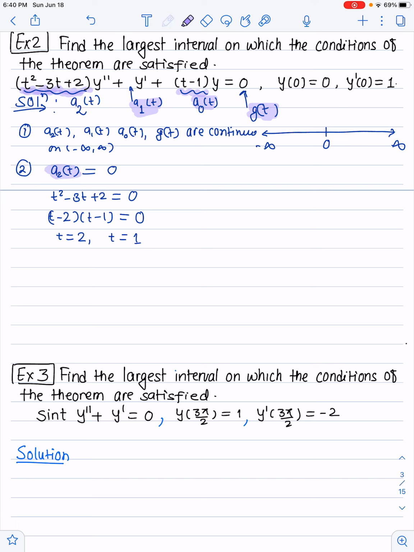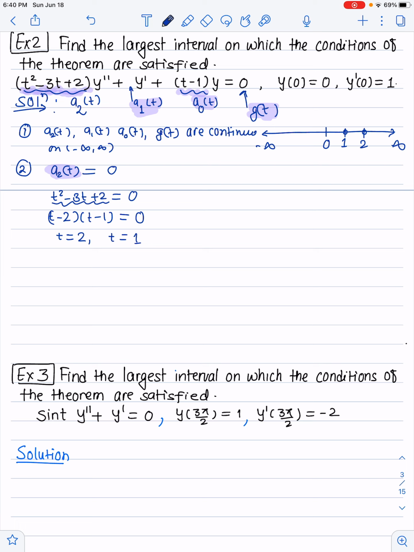So that means except when t equals 1 and t equals 2, everywhere else the quadratic function's value would not equal 0.